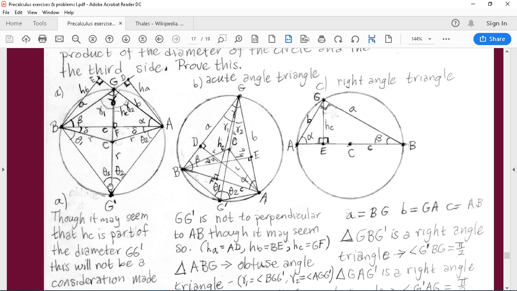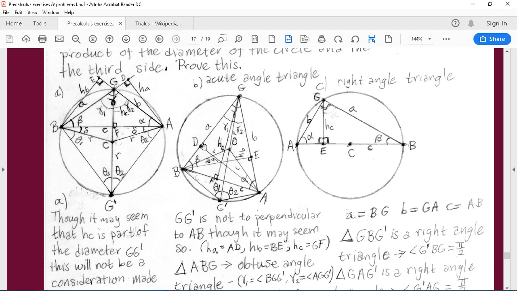And the analogs for the right angle triangles that were used here, for example for the sine of beta, in this case would be a right angle triangle BDA, where D is outside the triangle.